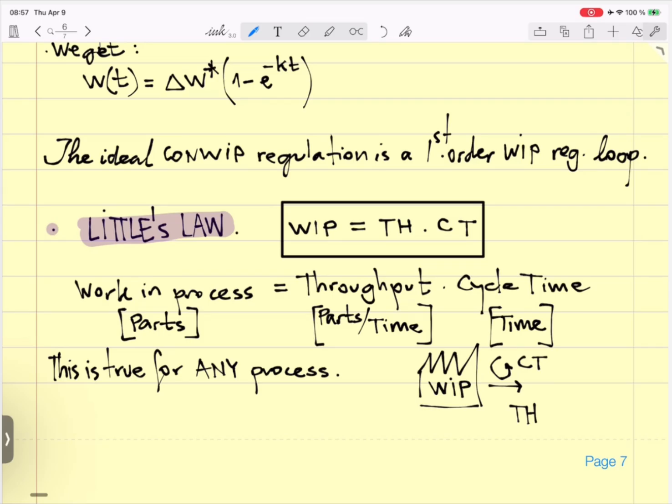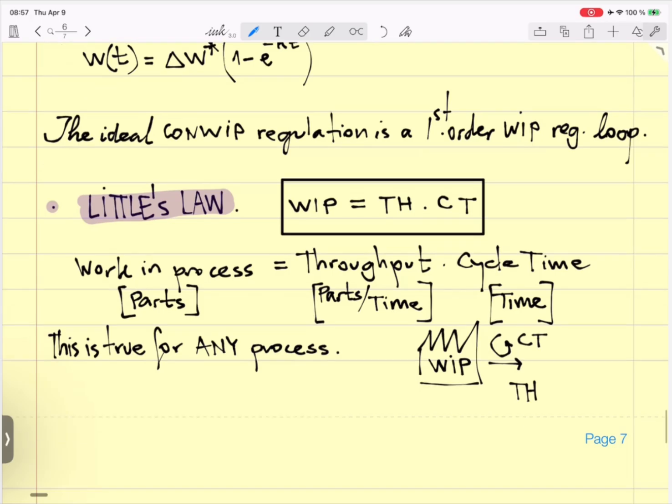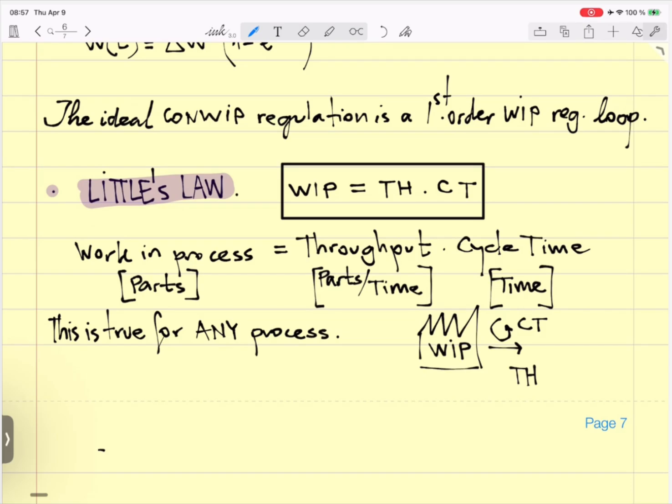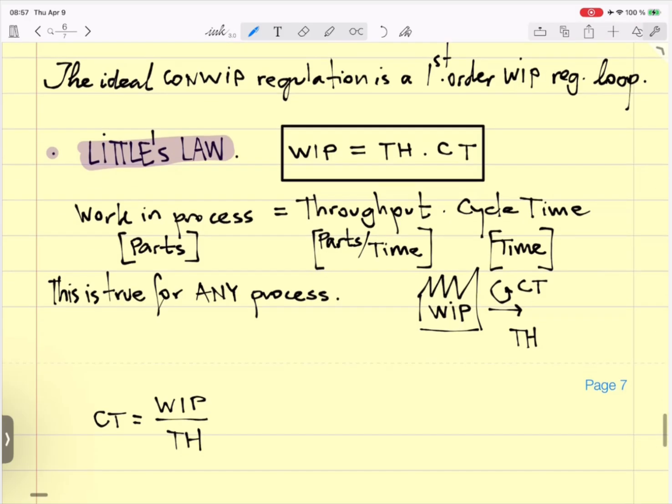Okay. This means that cycle time equals the working process divided by the throughput. Okay, this is immediate. Or the throughput equals the working process divided by the cycle time.